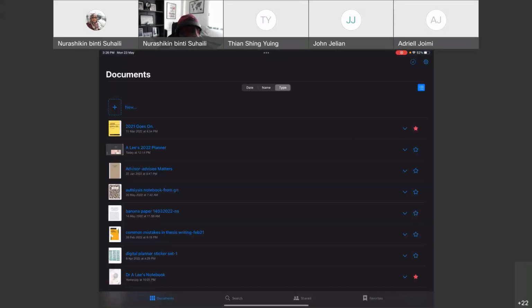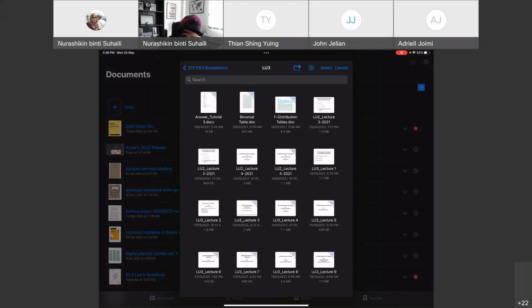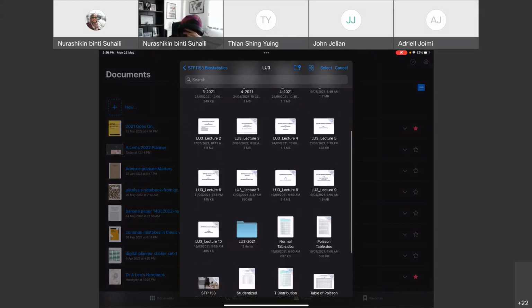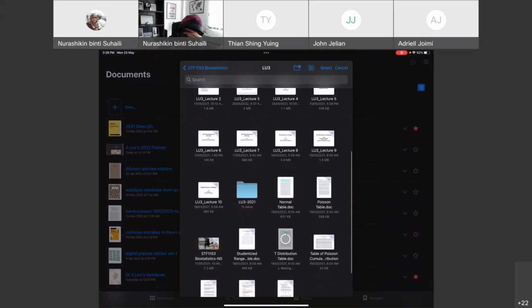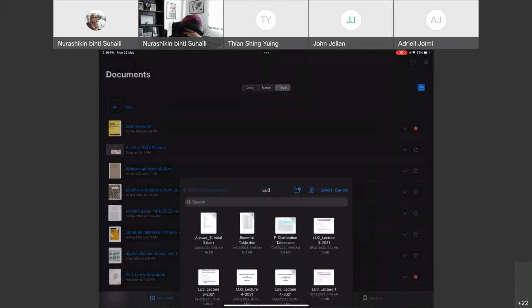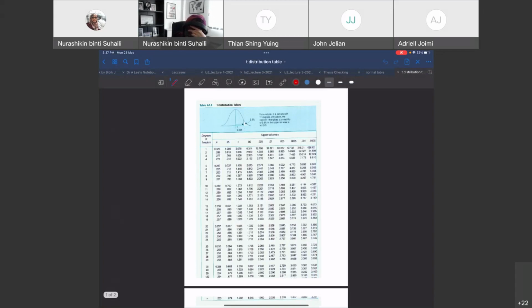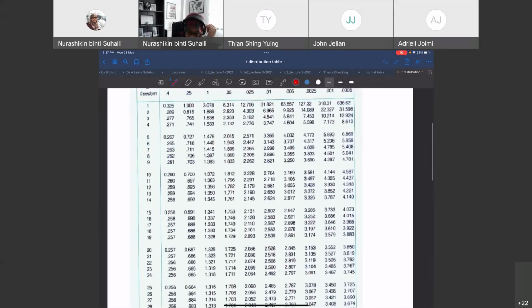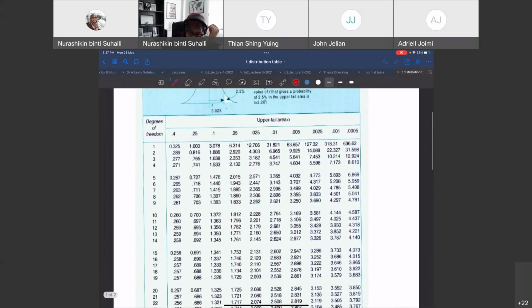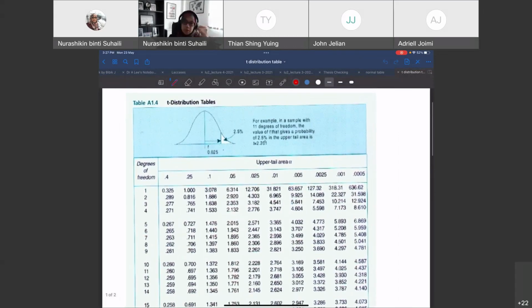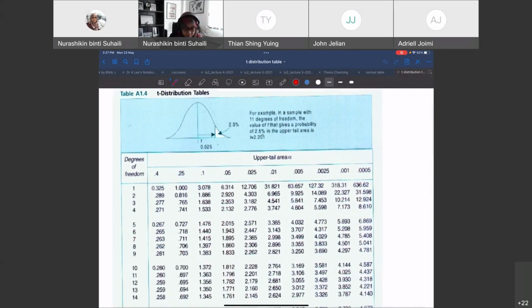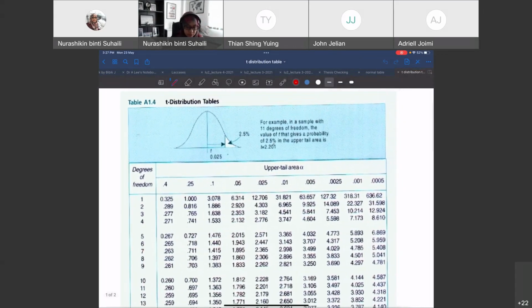Let's go to the table. So this is the T distribution table. You have to know the degree of freedom and upper tail area in order to use this table.